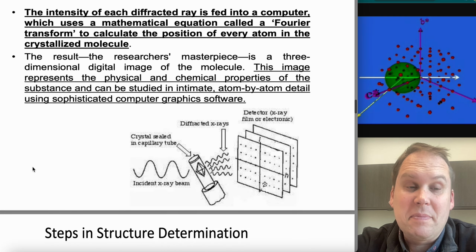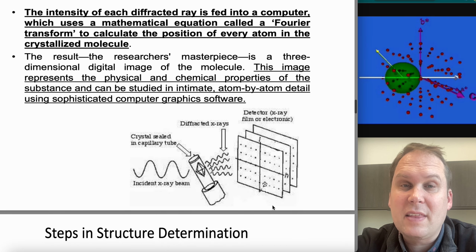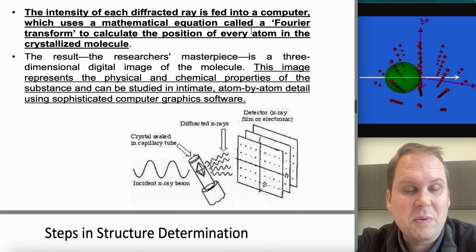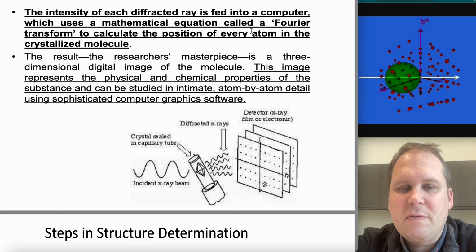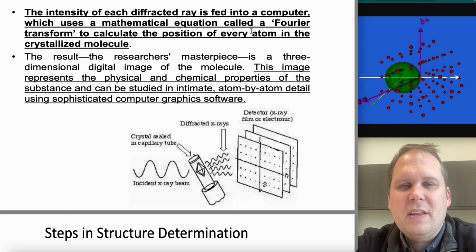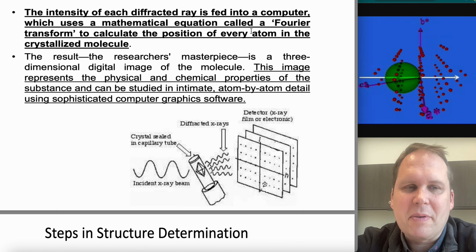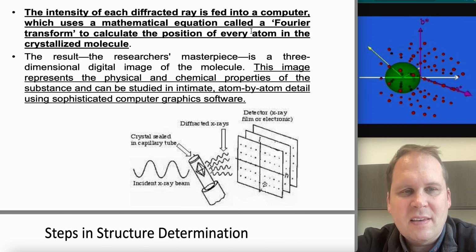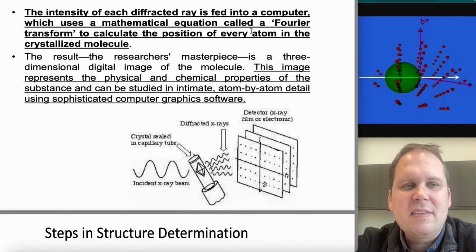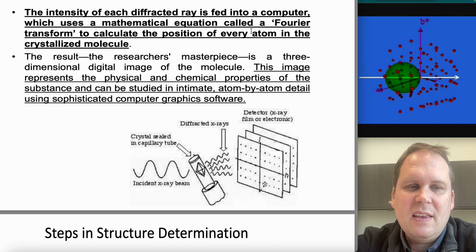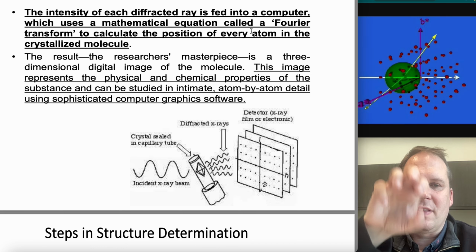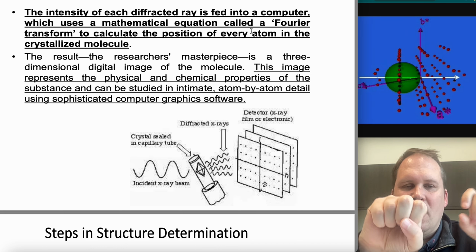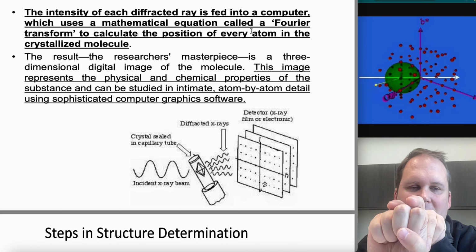So yeah, the computer is going to reconstruct that using a mathematical equation called a Fourier transform, which, it's more complicated than this, but it has the property of organizing things by relative distance. So things that are far apart from each other, like from one molecule to the next, will appear right around the center.